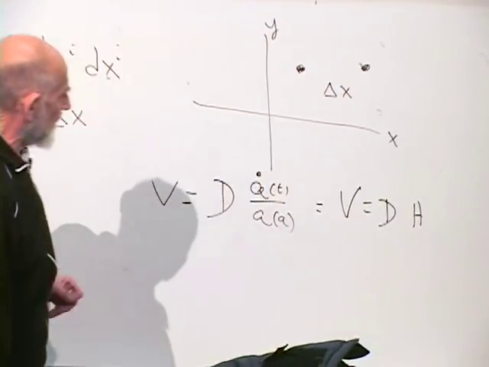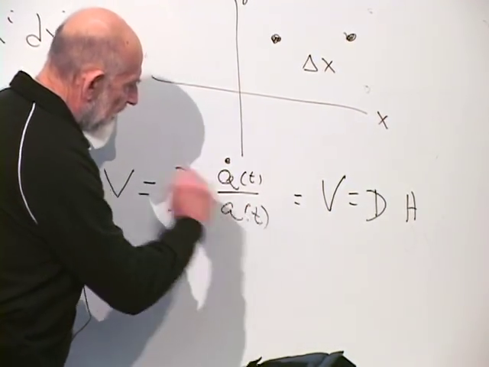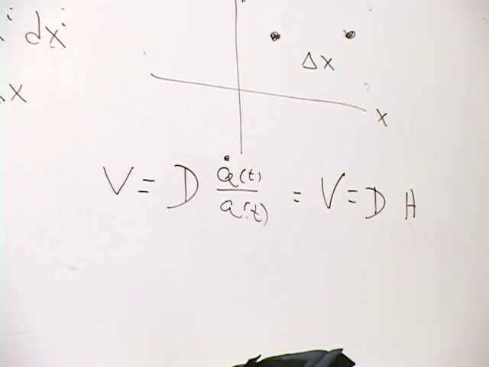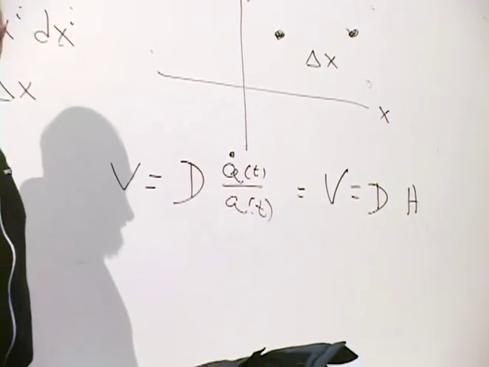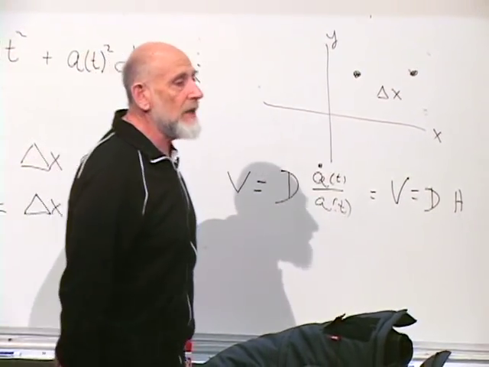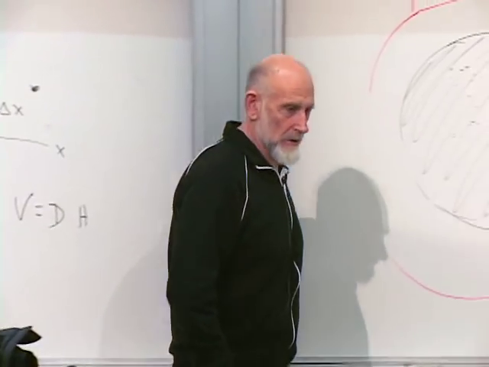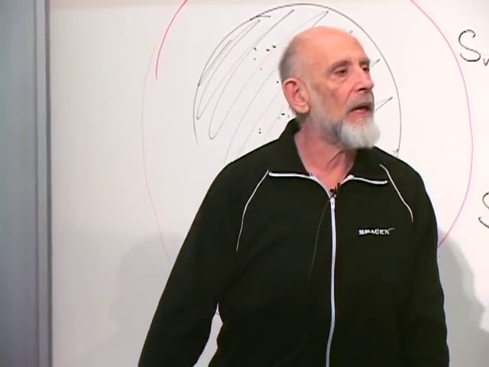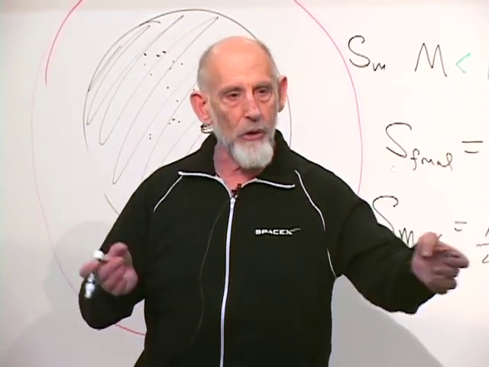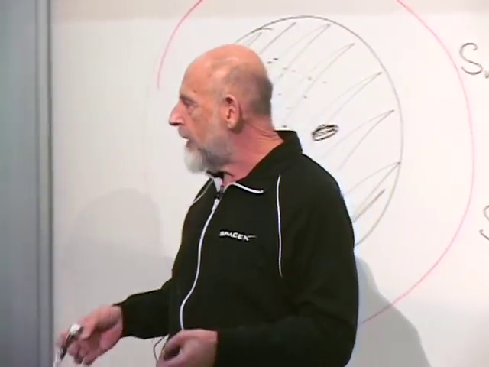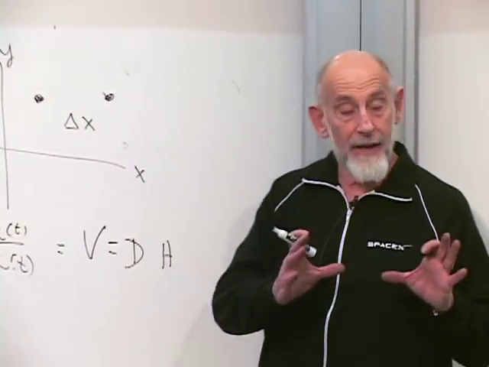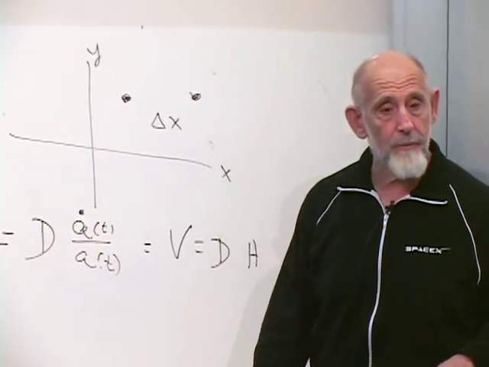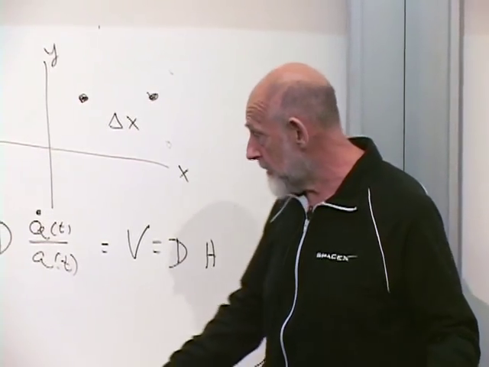Why do we call it a constant? Not a of a, a of t. If a is a function of time, and a dot can be a function of time, in general the ratio can be a function of time. What do we mean when we say that the Hubble constant is a constant? We don't mean that it's a constant with respect to time. We mean it's a constant that doesn't depend on the pair of points that you chose. For any pair of points, at a given instant of time, the relation between velocity and distance between them is common to all pairs of points.